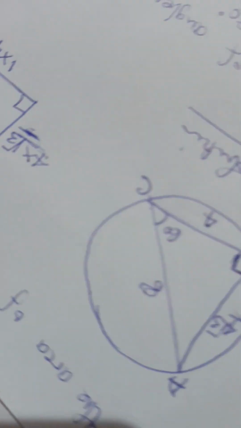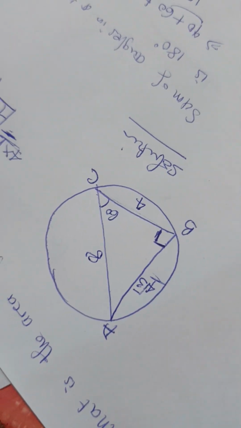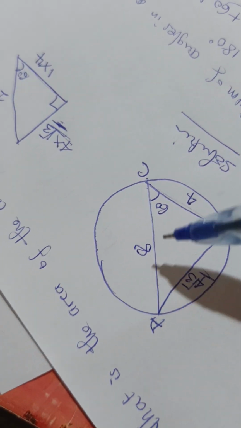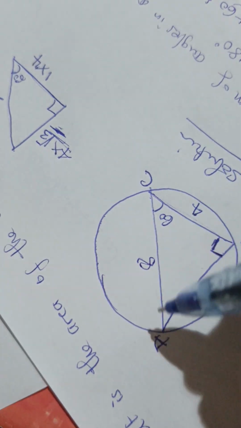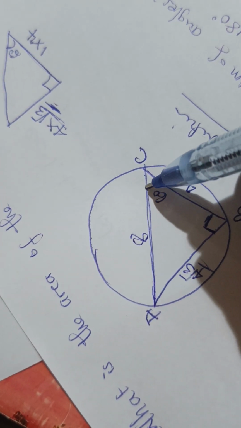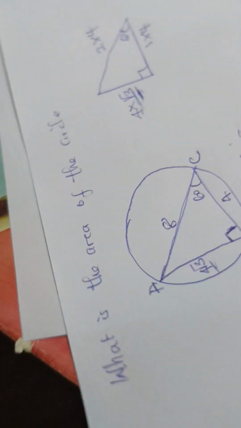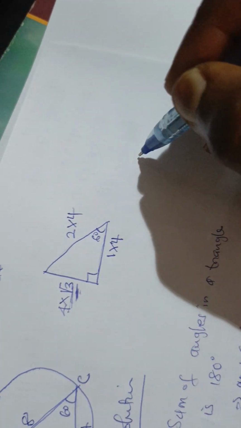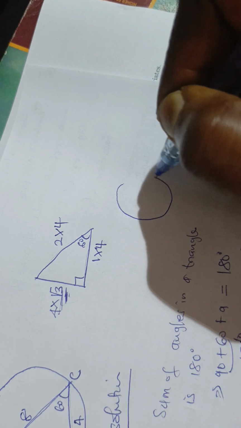So let's come here. Now we are here to solve the shape. I was doing all of that to explain how I solved this. Now if you look, this line is dividing this circle into 2 equal parts. So sorry, I don't have paper, so I'm trying to manage this.